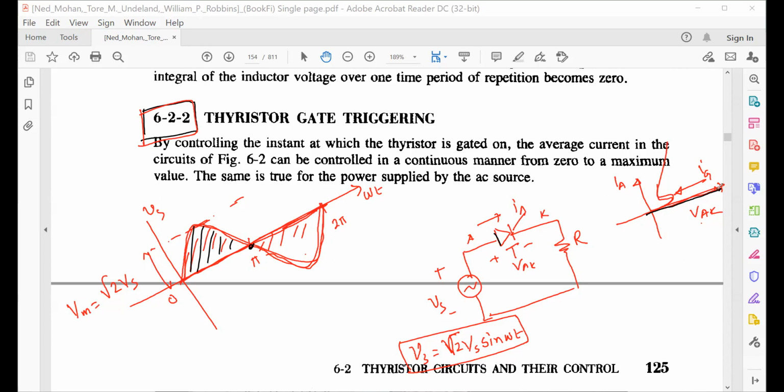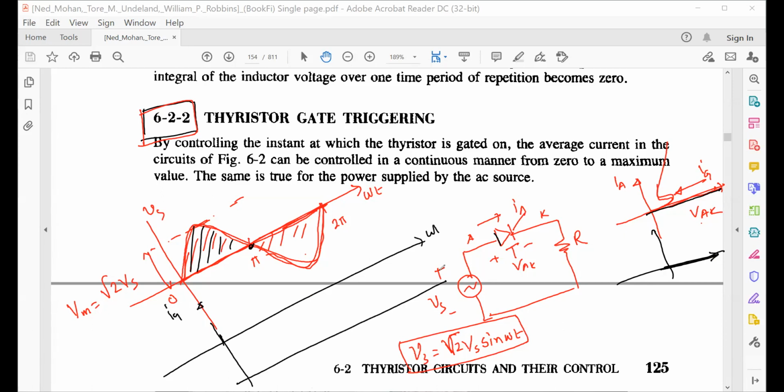And not only that, we have already shown in the previous class, if you don't apply any gate pulse, then the current will be 0. Right? So suppose this is your gate pulse, IG, and we have not applied any gate pulse here.